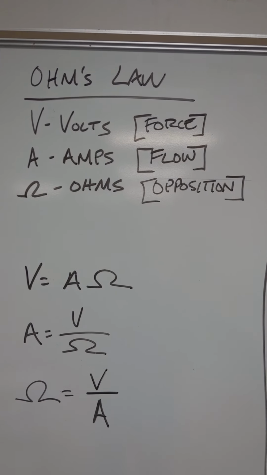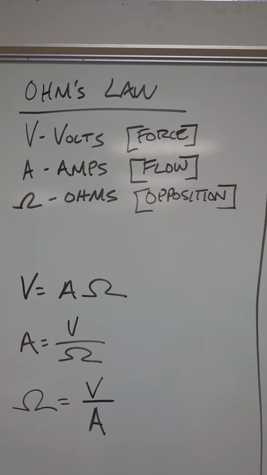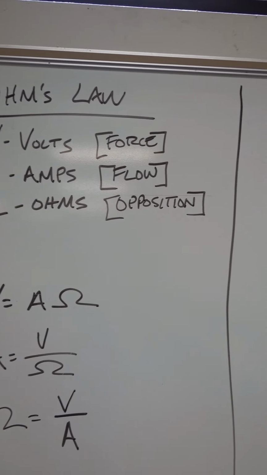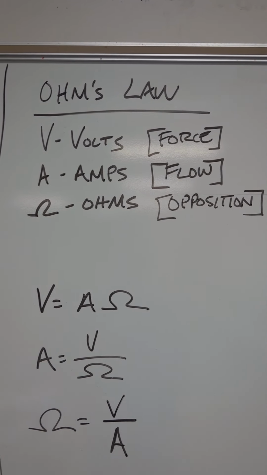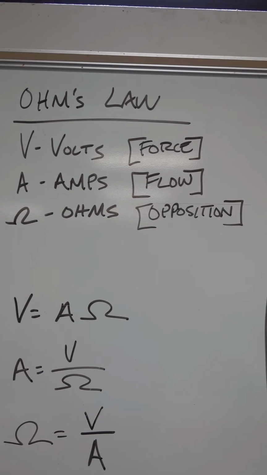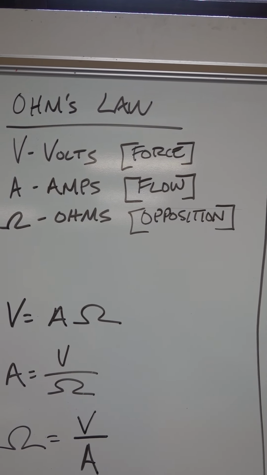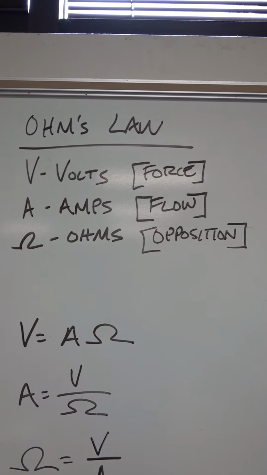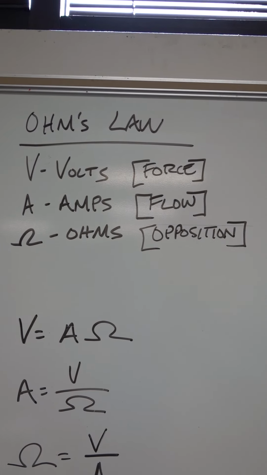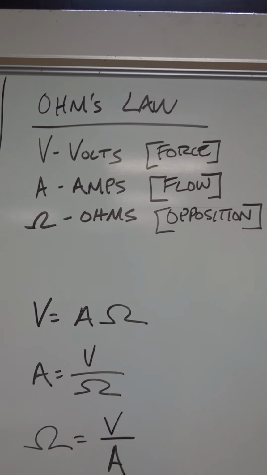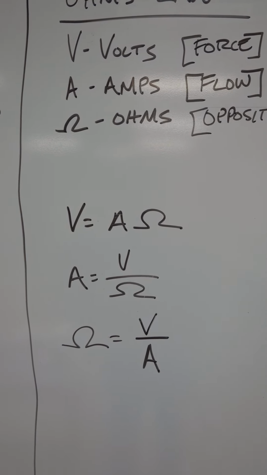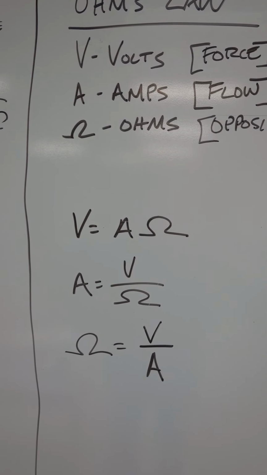I could have a 9-volt battery, and there's voltage there, but if it's not in a circuit, the voltage is there, but there's no current flowing because it's not attached to a circuit. So this idea of amps is the idea of current, and we call that flow. And then a buzzword for ohms would be the opposition of the flow of current. So there is a mathematical relationship with Ohm's law, and that's what I've written here.